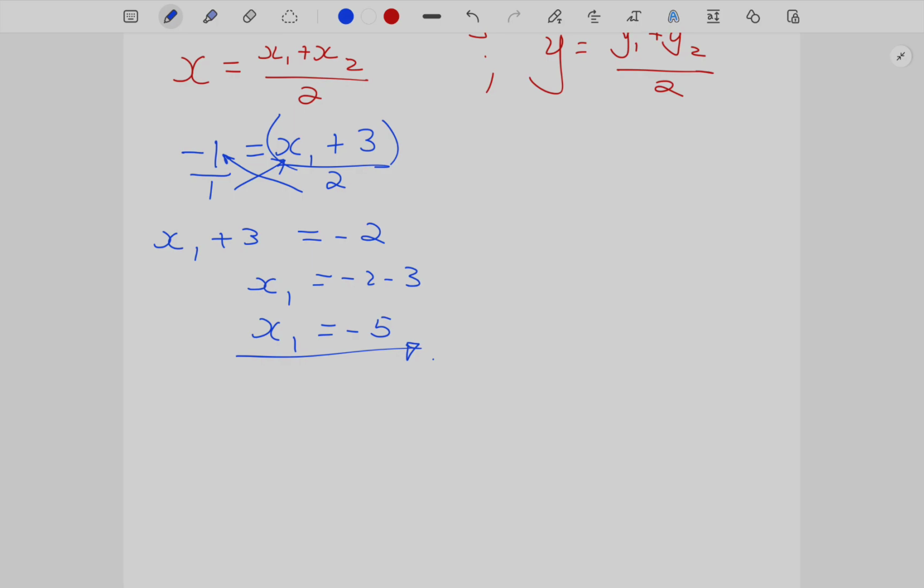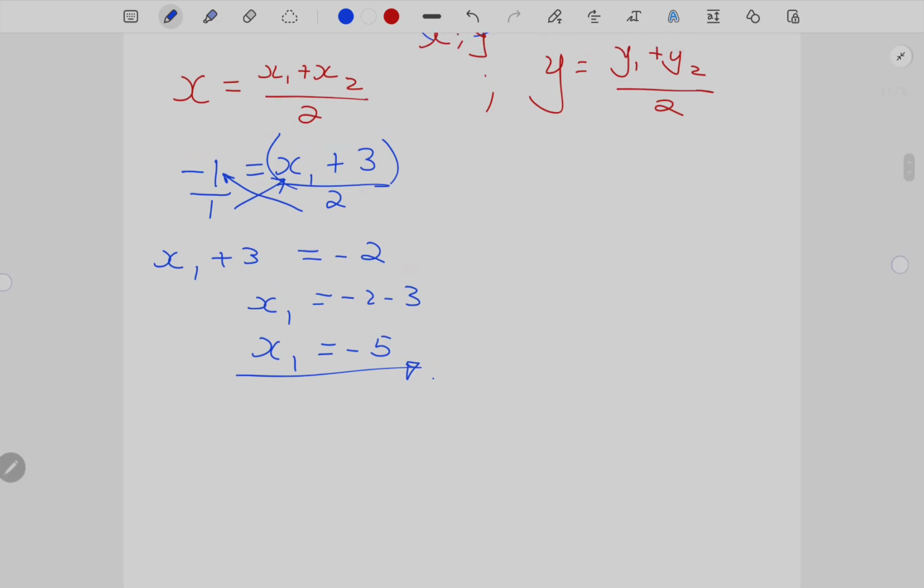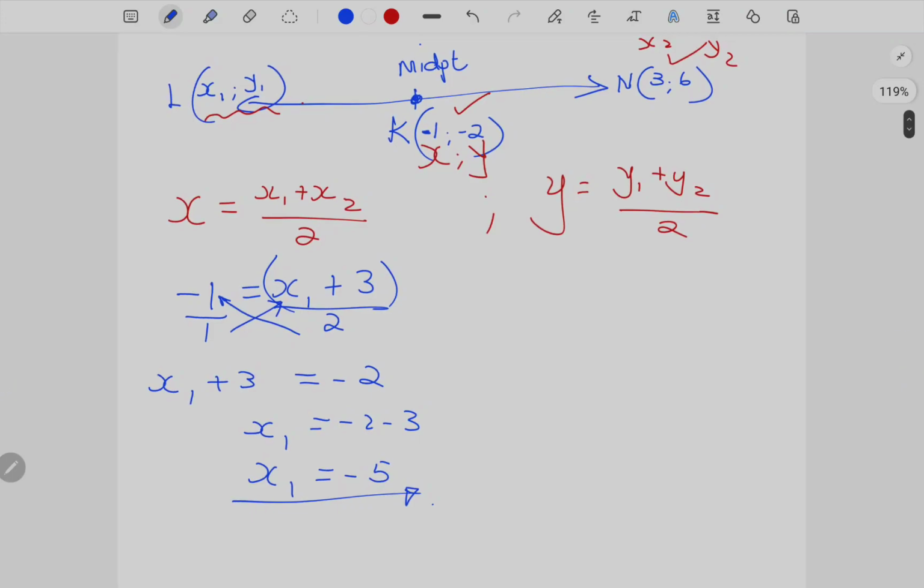That means we must calculate the y. Okay, so let's look at the diagram. The value of y is -2, which is equal to y1, we don't know, so y1 plus y2, this is y2, 6, all over 2.